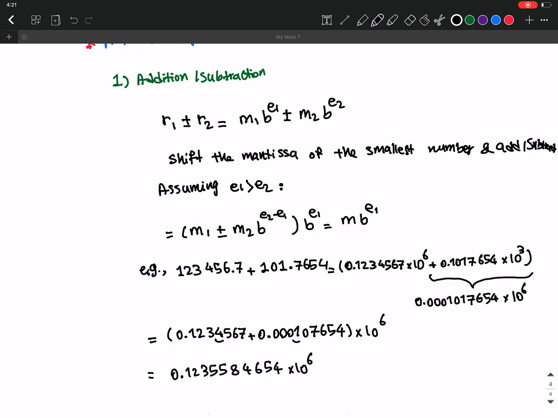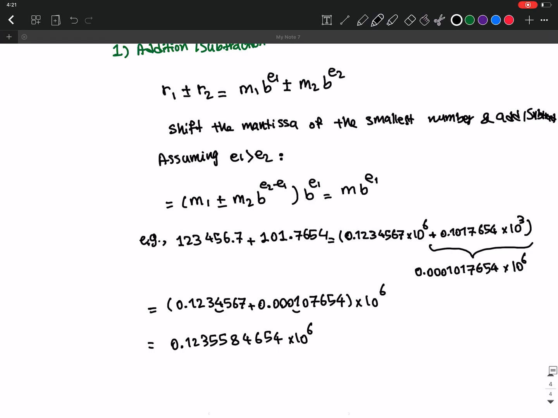Okay. So now when you add this, as you see, the number of significant digits has increased now. So for example here, the number of significant digits of Mantissa were 7, right?